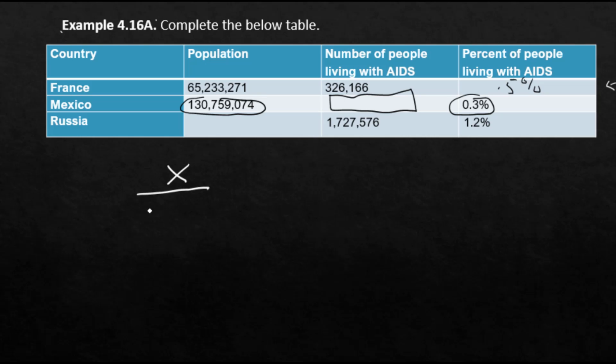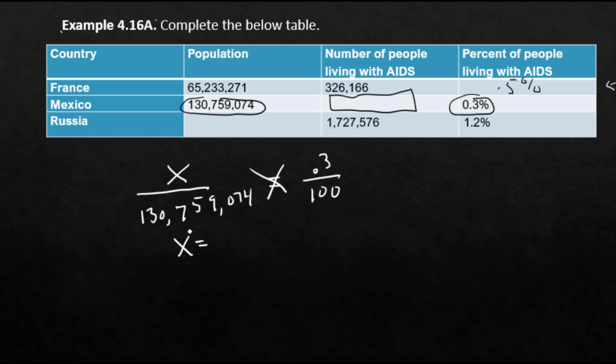But I do know the total number of people. And the other thing I know is the percentage. I know that there are 0.3 people for every 100 living with AIDS. So again, I'm going to cross multiply and divide, and I will again put up the answer.